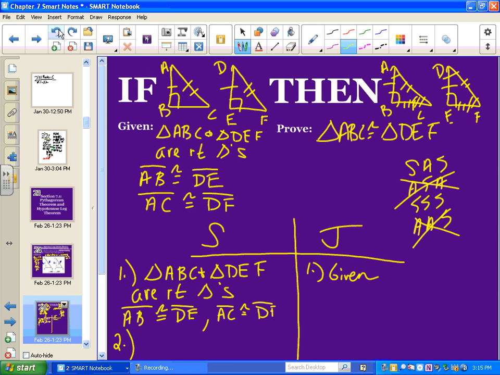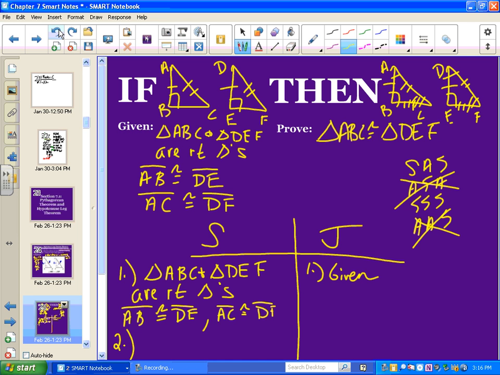Now, what do we know about right triangles? We haven't studied that much about them. If you look back in your Chapter 7 notes, we only know one thing about right triangles: the square of the hypotenuse equals the sum of the squares of the legs. That's the Pythagorean theorem. That's all we know about right triangles, other than they have a right angle.